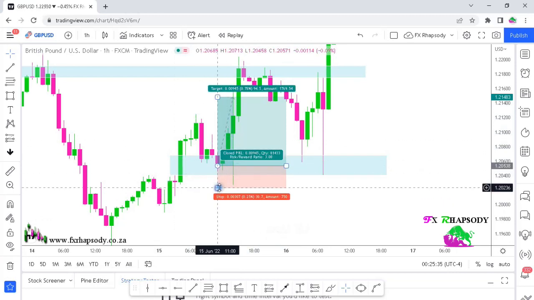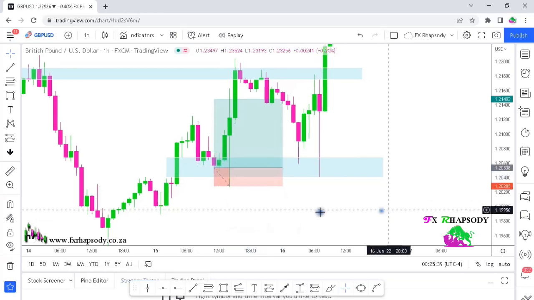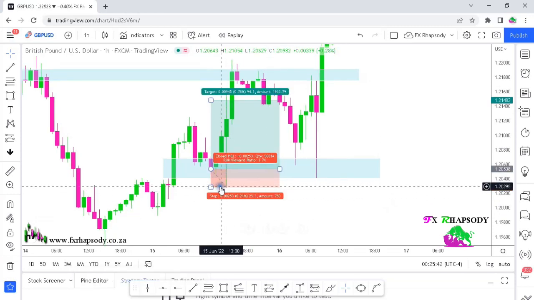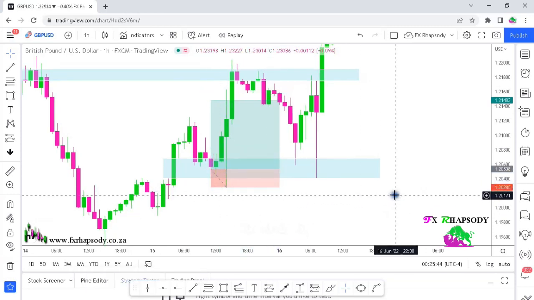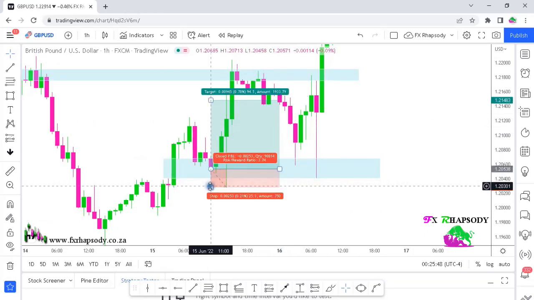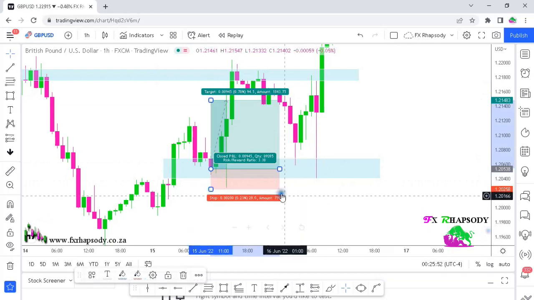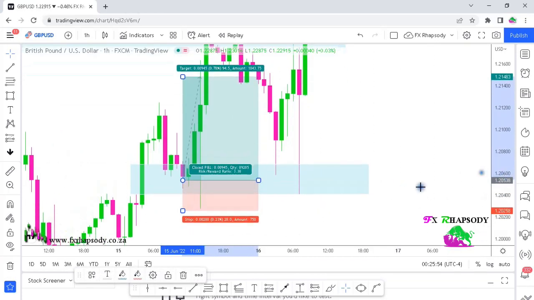Because you can see candles, if you had placed your trade just right on that area, you would have seen price being tapped. And if you did, it's fine, you could have waited and then price would have come down again. So just below that. I'm just going to zoom in just to show you.